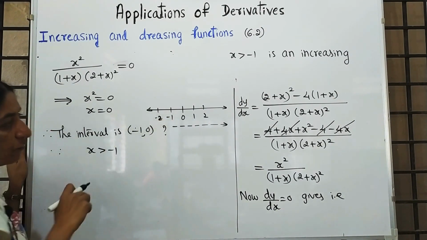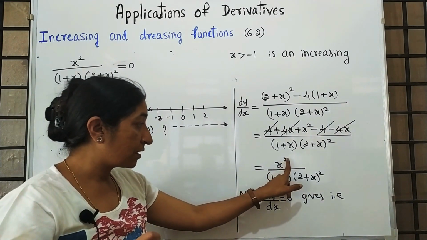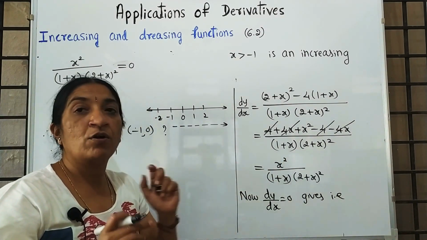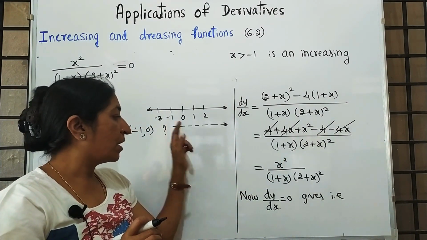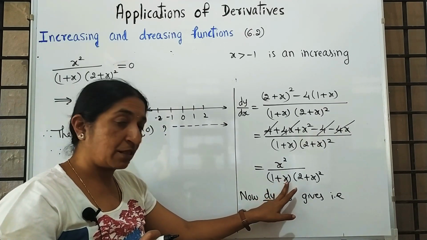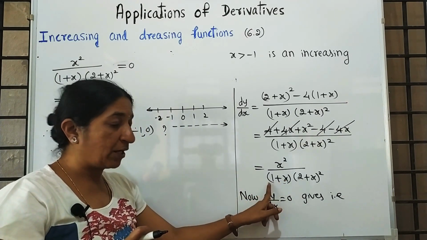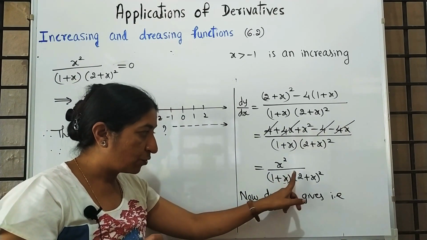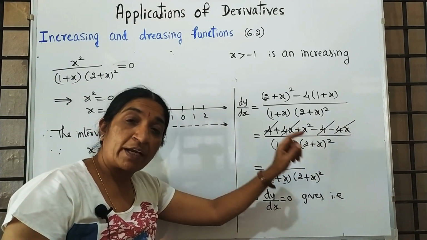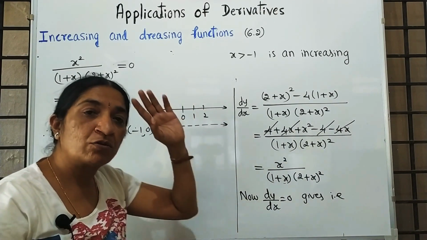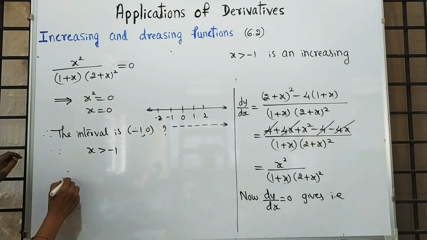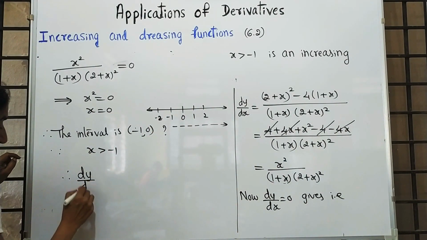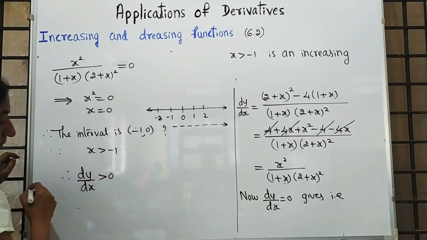If you take minus 1 to 0, x square is greater than 0 because square of any number is greater than 0. And 1 plus x, is it less than minus 1 or what? Whatever the value we are taking, it is less than 1. This is also positive. 2 plus x whole square, again square of any number is also positive. Therefore dy upon dx is greater than 0.